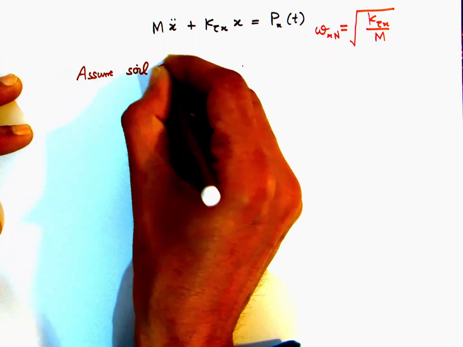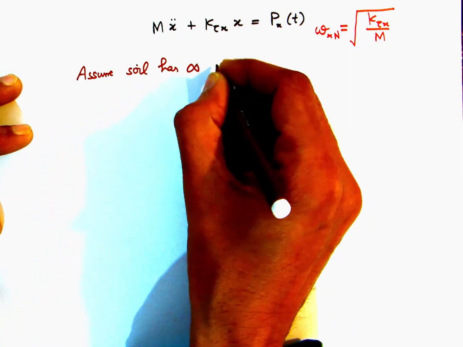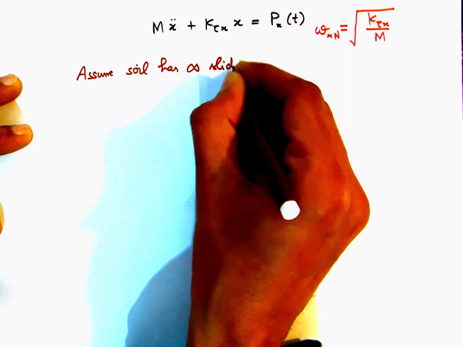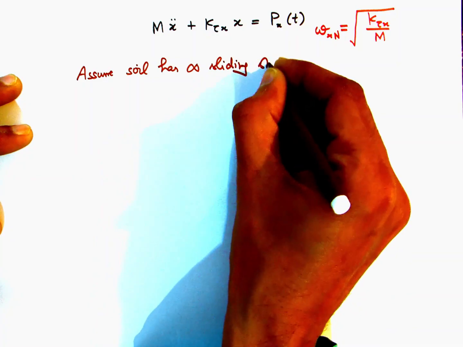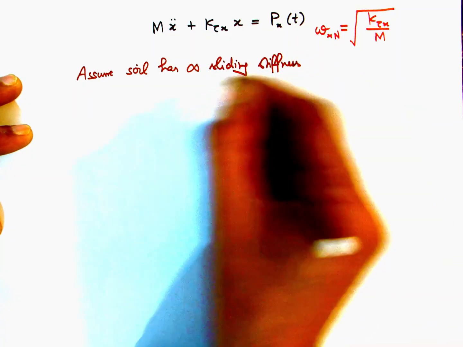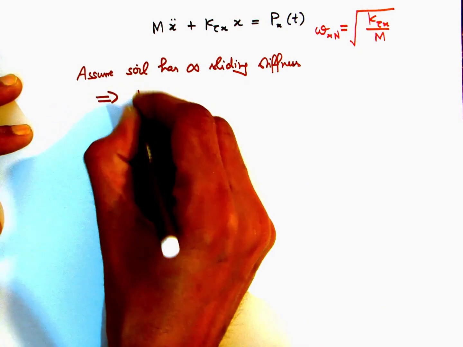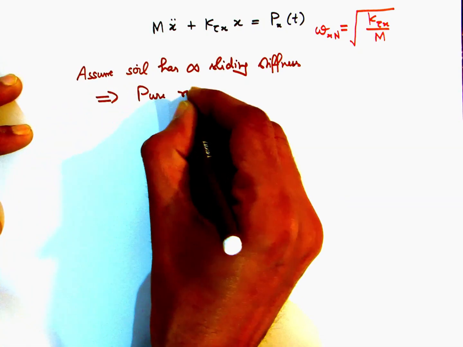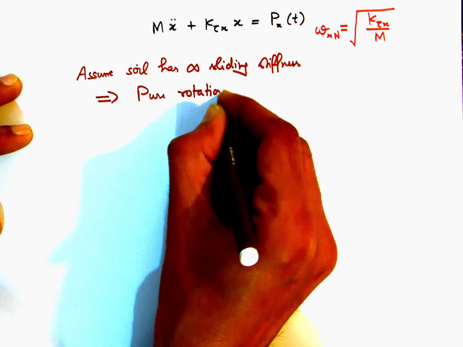Next we assume that the soil has infinite shear stiffness, or sliding stiffness. That means the foundation is unable to undergo any sliding movement and it undergoes pure rotation only.